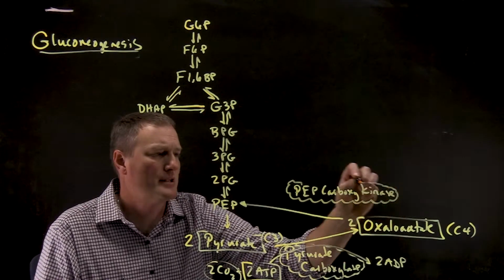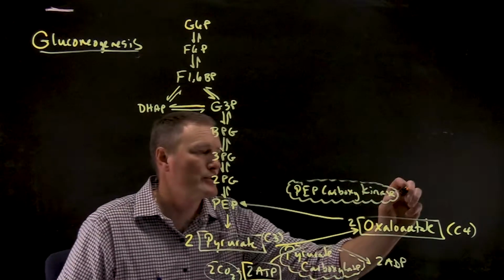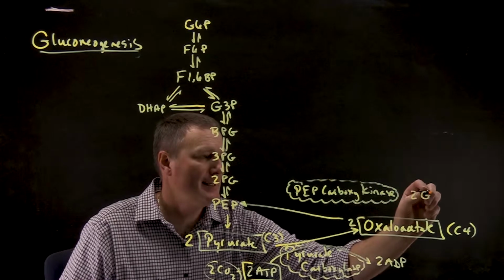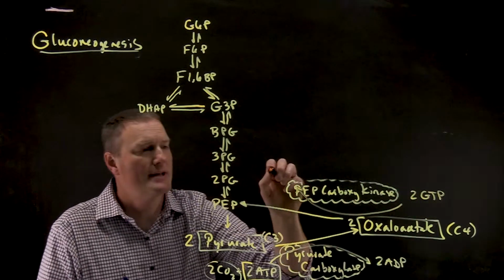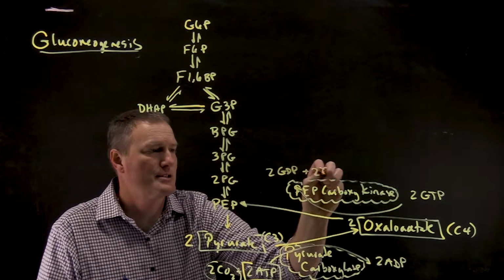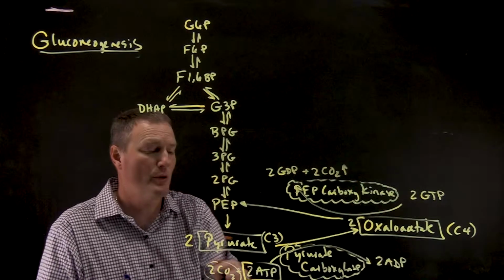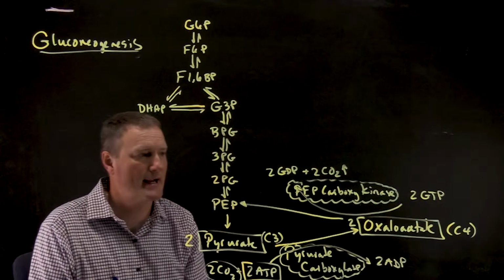It's often abbreviated as PEPCK. And this one is going to require 2 GTP molecules, and it's going to convert that to 2 GDPs plus 2 CO2s. So the CO2 that was put on in the first step is ultimately going to be coming off in this second step.